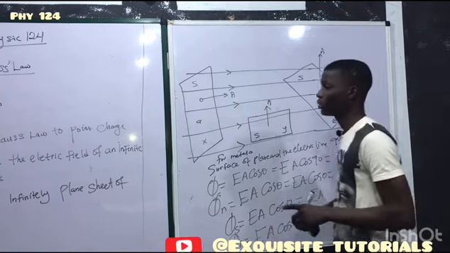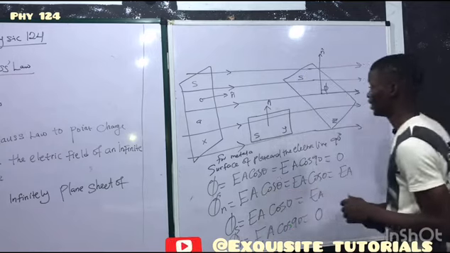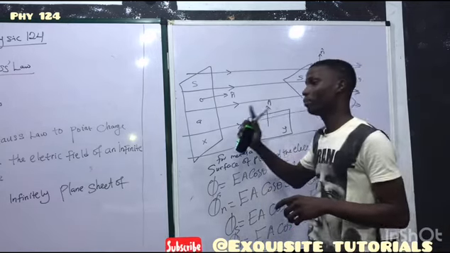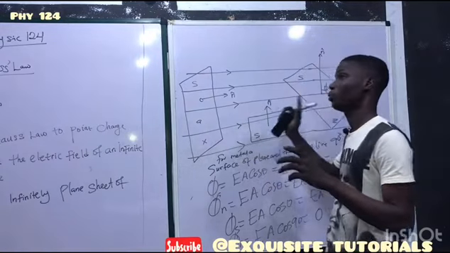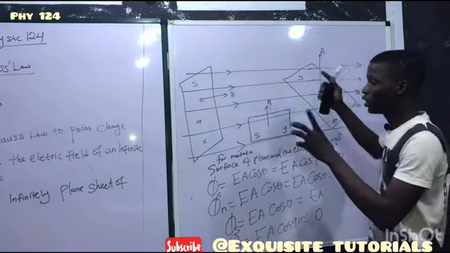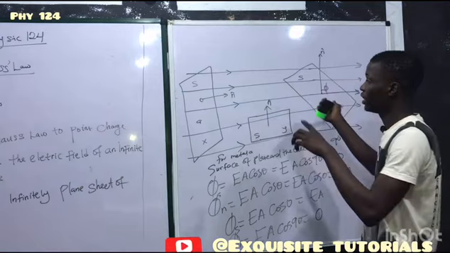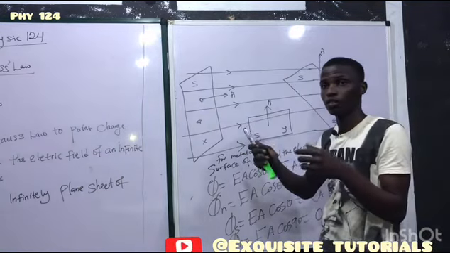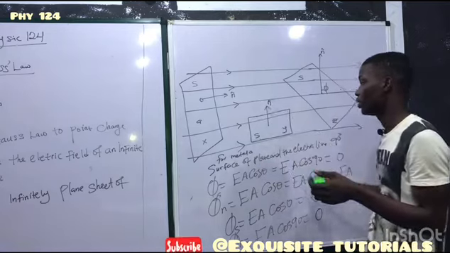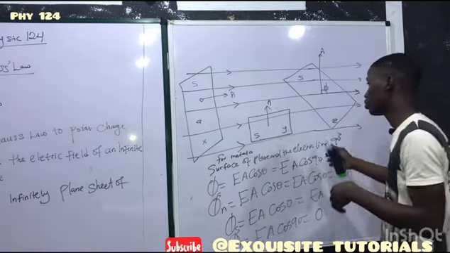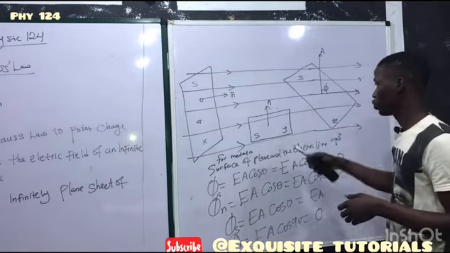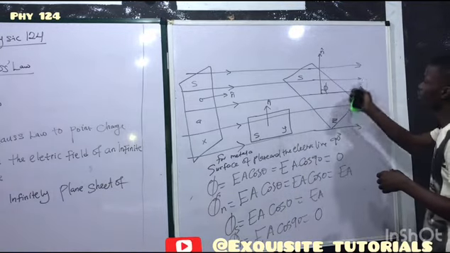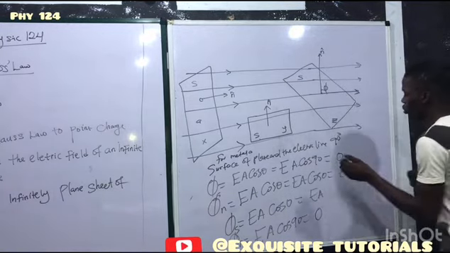So the point I'm trying to drive at here is that a flat metal plate, when placed in a uniform electric field, has an electric flux that varies depending on the position it is placed. For this part it is equal to 0, and for this one now, the flux is inclined at an angle.